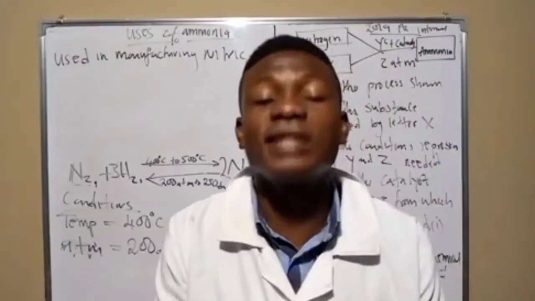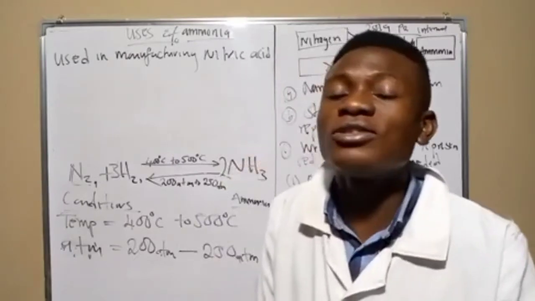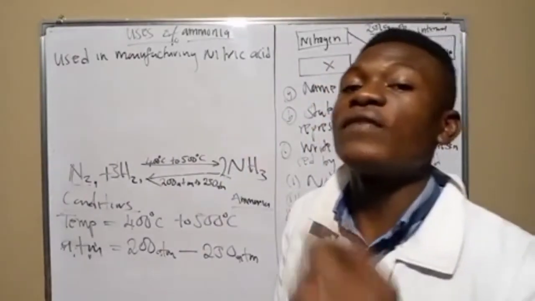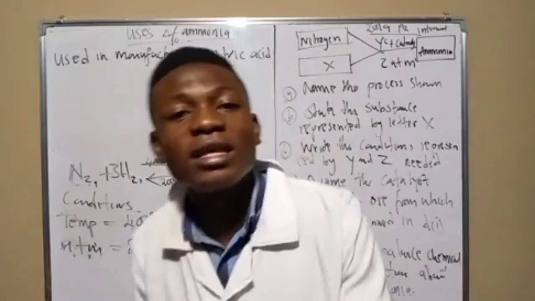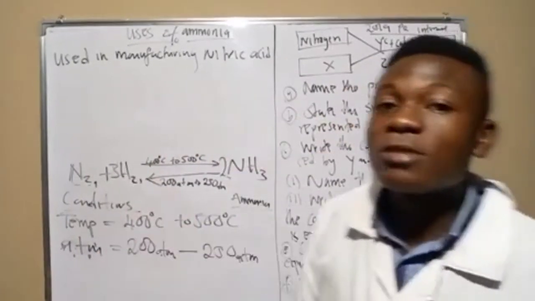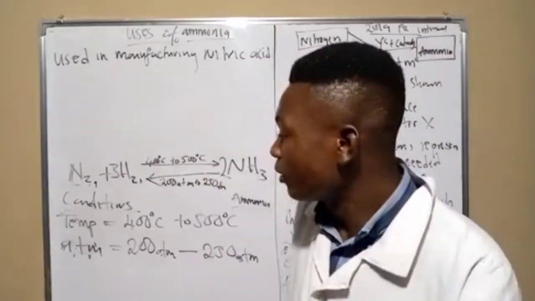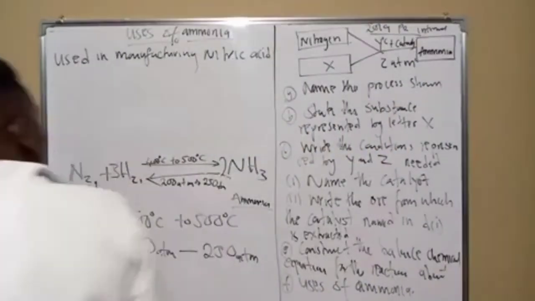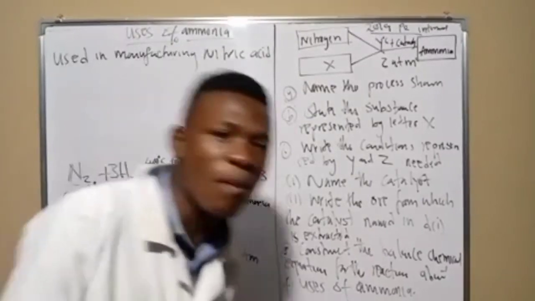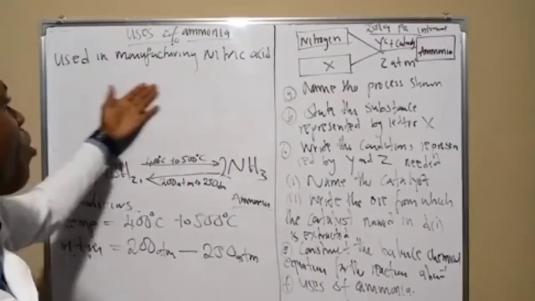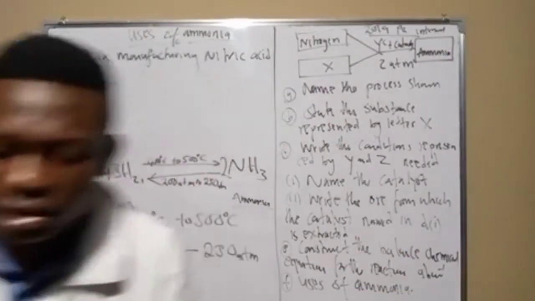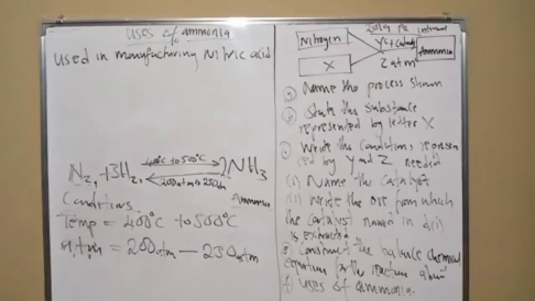The temperature must be 400 to 500 degrees Celsius, and the pressure 200 to 250. Now we are on the uses of ammonia. The first use is in the manufacturing of nitric acid.